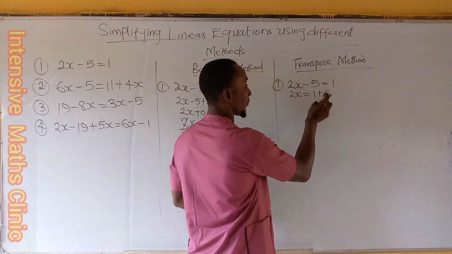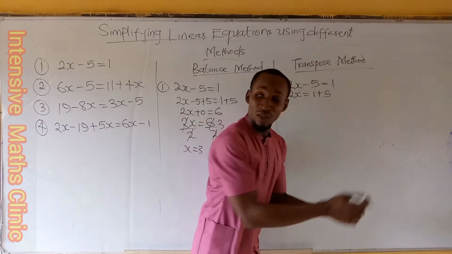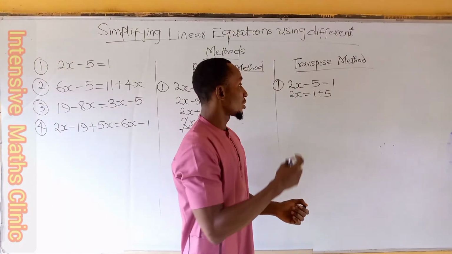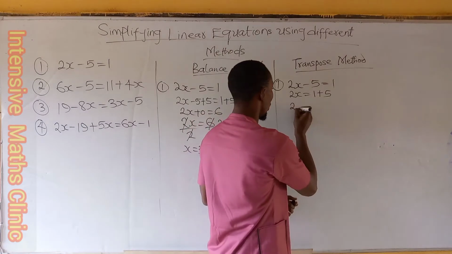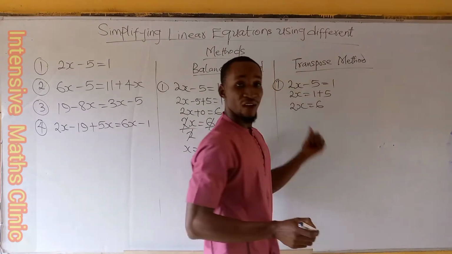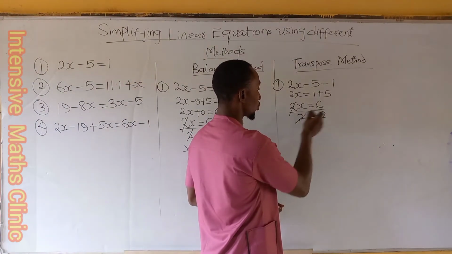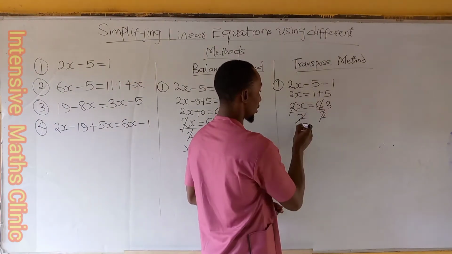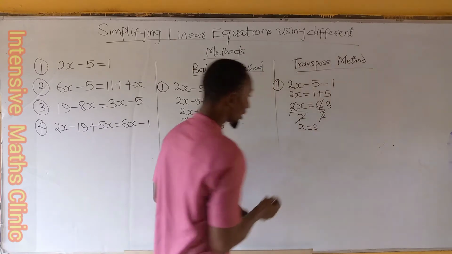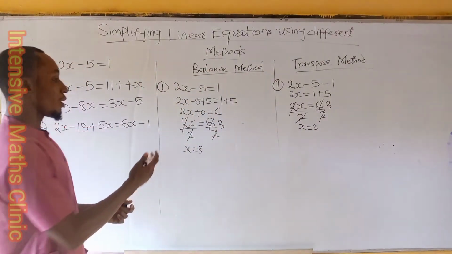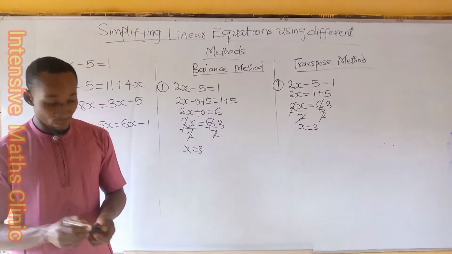Why do we get this plus 5? The minus 5, as it moves to the right hand side, becomes plus. So 2x equals 6. We divide both sides by 2, it becomes 6 over 2. 2 cancels 2, and 6 divided by 2 is 3. So our x equals 3. Right away, we are obtaining the same result using different methods.